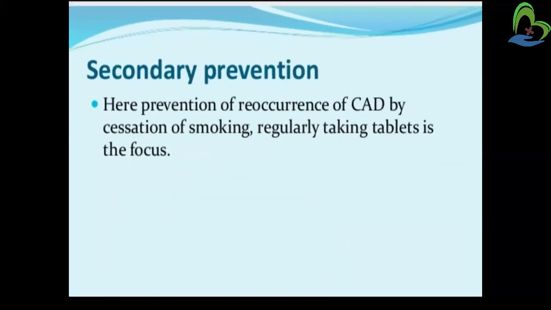Second, secondary prevention. In secondary prevention, the focus is prevention of recurrence of coronary artery disease by cessation of smoking and regularly taking tablets. So what do we have to focus on in secondary prevention? We focus on prevention of recurrence.